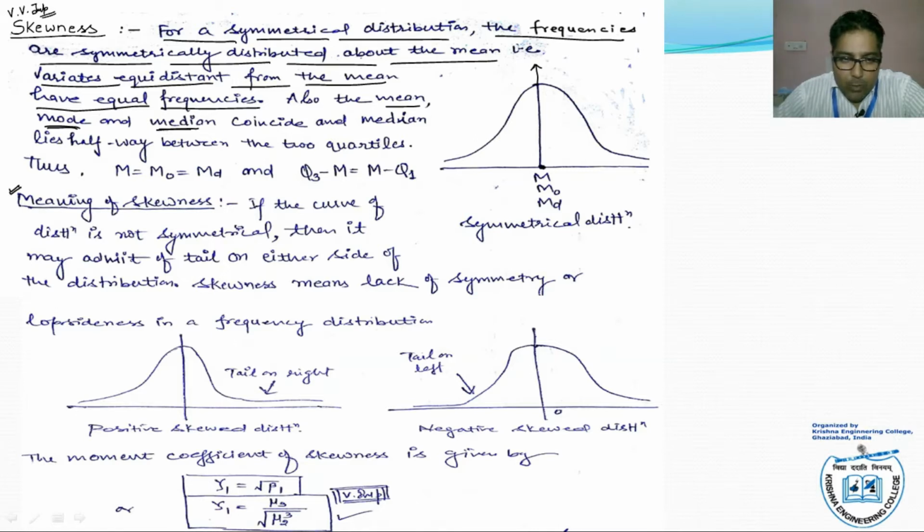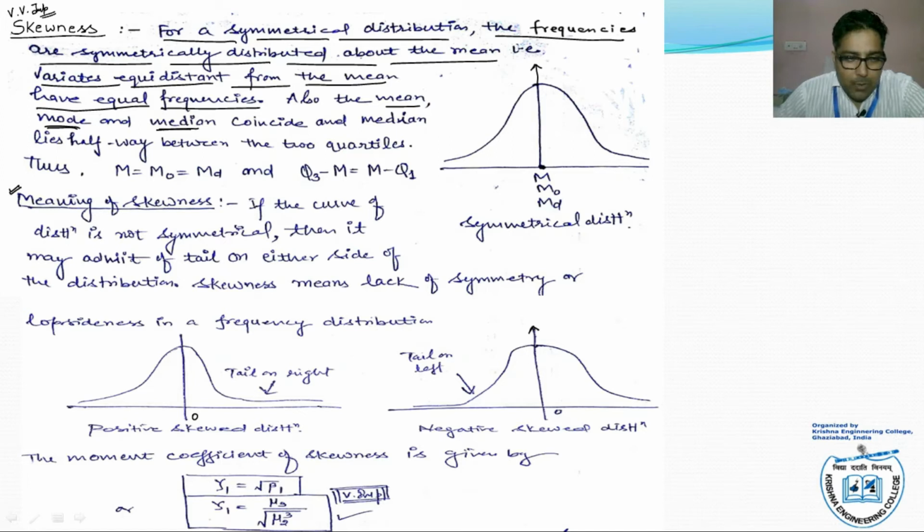In this figure, the lack of symmetry is on the positive side of the axis, so this is known as the positive skew distribution. And in the second diagram, the lack of symmetry is on the left hand side, so this is known as the negative skew distribution.